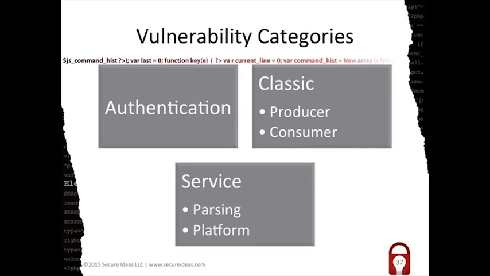That's something you'll have to look at and figure out if there's an issue with it. The next category I would call classic. It's basically your classic web vulnerabilities, the OWASP top 10 and how those are applied to web services. And then the third category is service-based vulnerabilities. This is any vulnerability that is not part of your traditional web vulnerabilities, for example, attacking the parser itself in SOAP-based services.